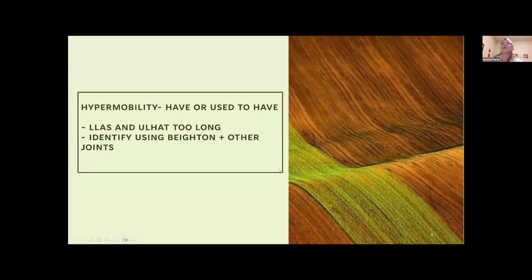So they all pretty much agreed that hypermobility was an important characteristic or feature of the Ehlers-Danlos syndromes, and particularly hypermobile EDS. So although you don't have to currently have hypermobility, you can historically have had hypermobility because we know that arthritis can lead to stiffer joints.